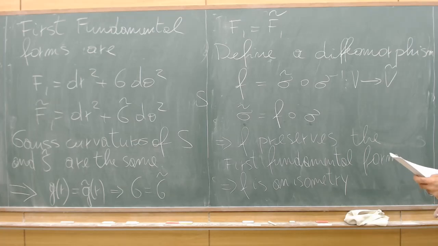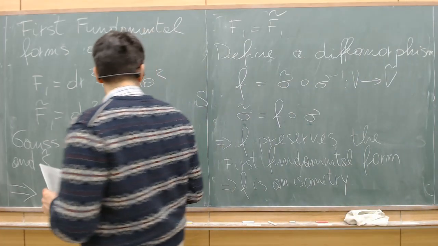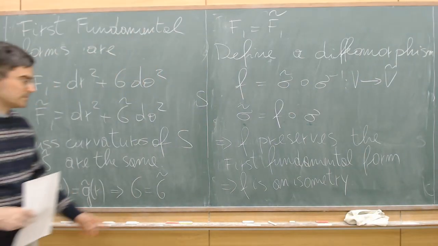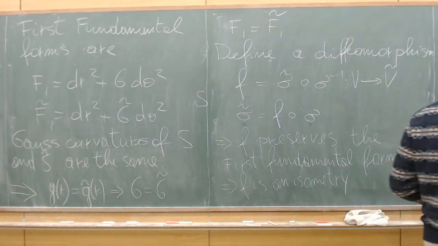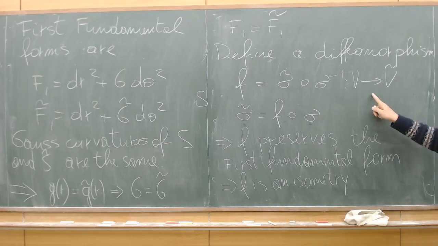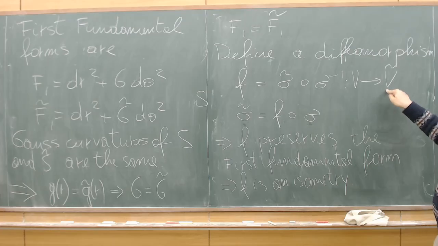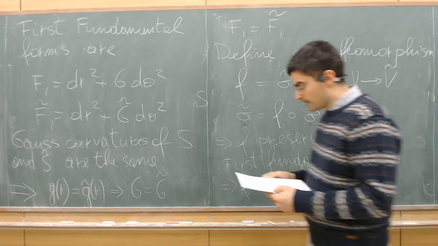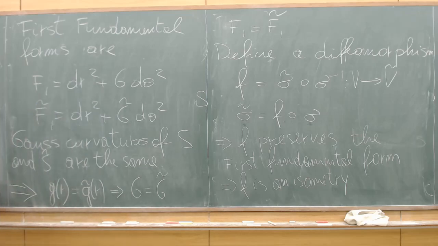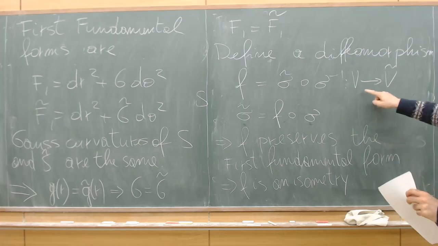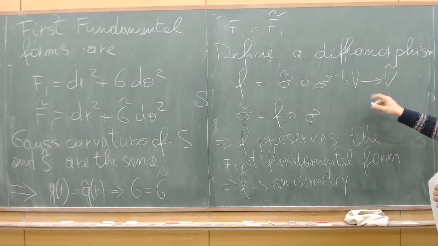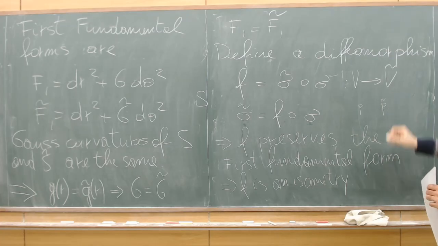And now we should take care of what is the domain of F and what is the image of F. On the blackboard I have that F is defined on V and takes values in V tilde, which are not a priori neighborhoods of P and P tilde. Why?